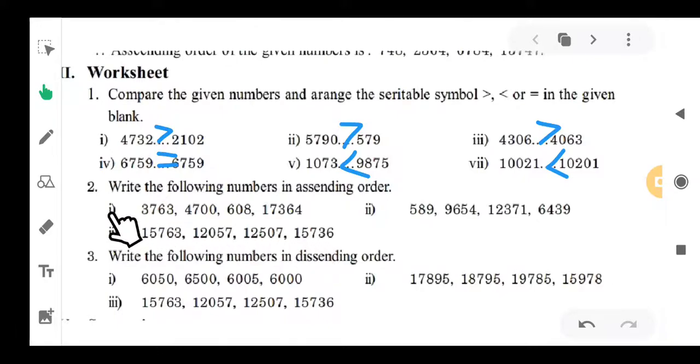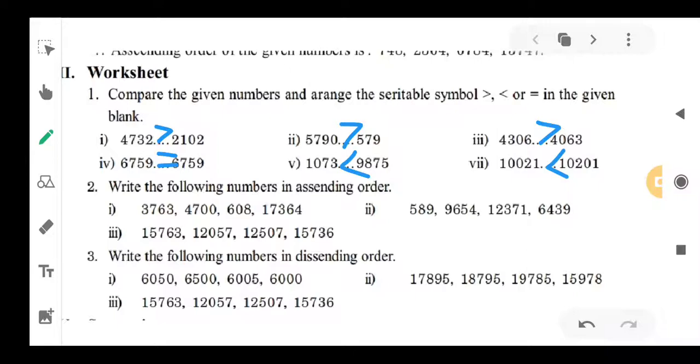So in this first one, this is 3,763, next 4,700, next 608, next 17,364. So which is the smaller one? Yes, this is the smaller one because it has only 3 digits. So in the first place, this will come, that is 608. So in ascending order, first you have to write this 608.